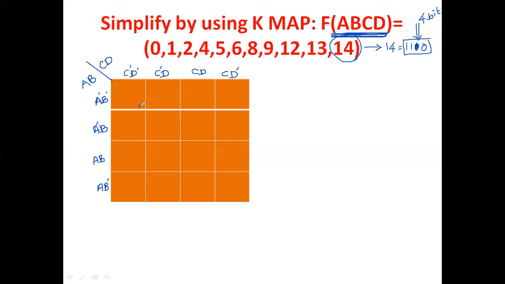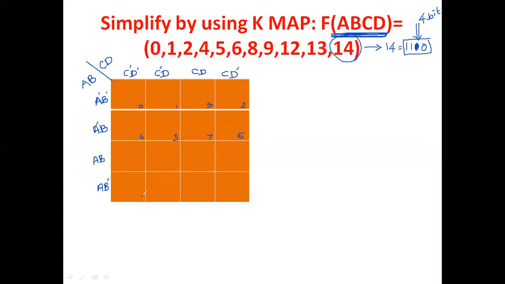The next step is to recollect how to fill the cells. Numbering is like this: 0, 1, then 3, 2 here, then 4, 5, then 7, and 6 here. Since this Karnaugh map is constructed based upon the gray code method, I already explained it to you.